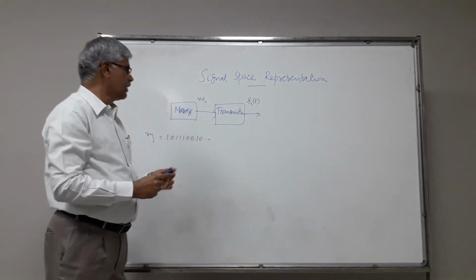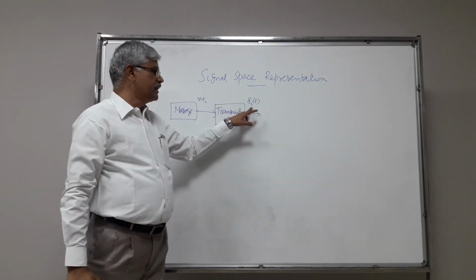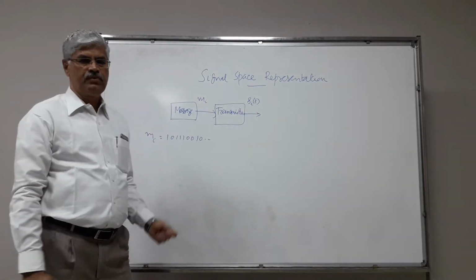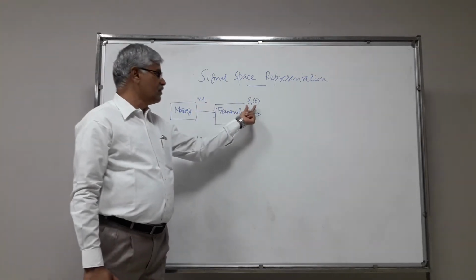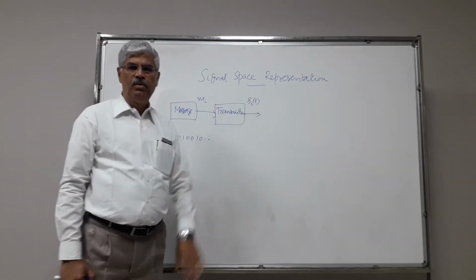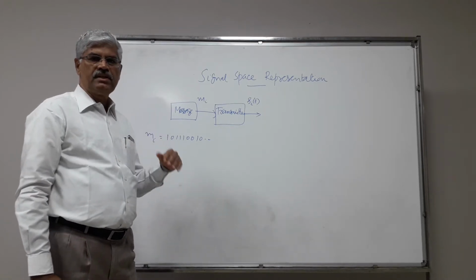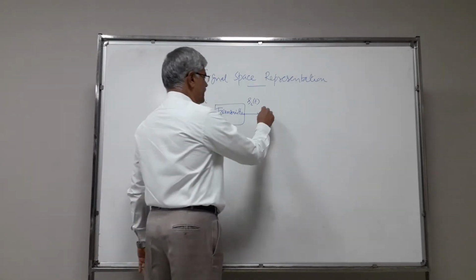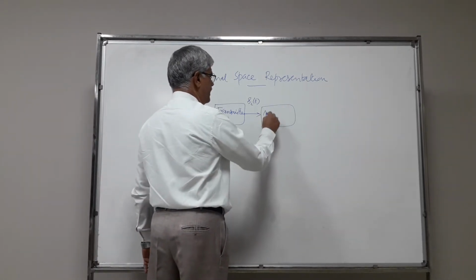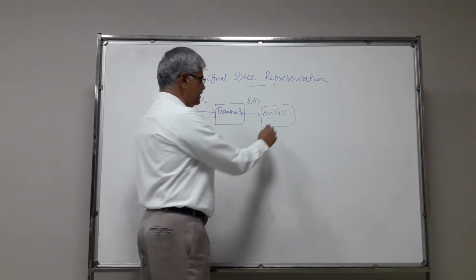Let us say there are capital M symbols, and we will say capital M waveforms. Corresponding to each distinct symbol, we have to select a distinct time domain waveform, which can be represented as an electrical waveform and transmitted through the channel. That is a channel. Now we are talking about the AWGN channel.